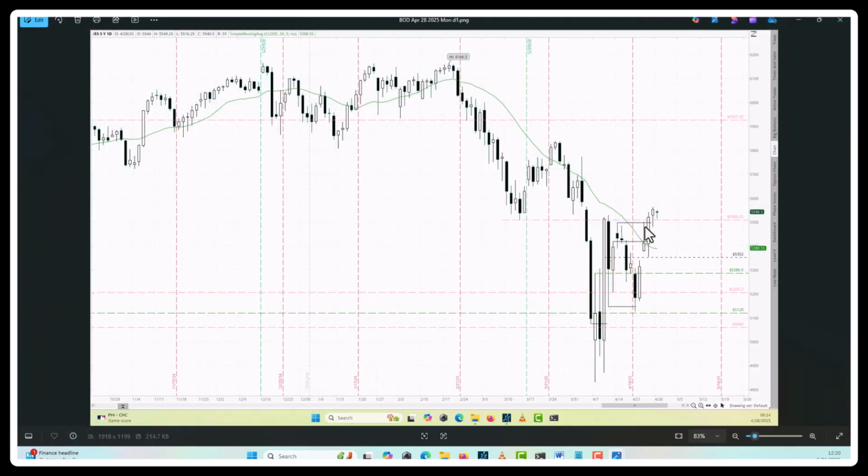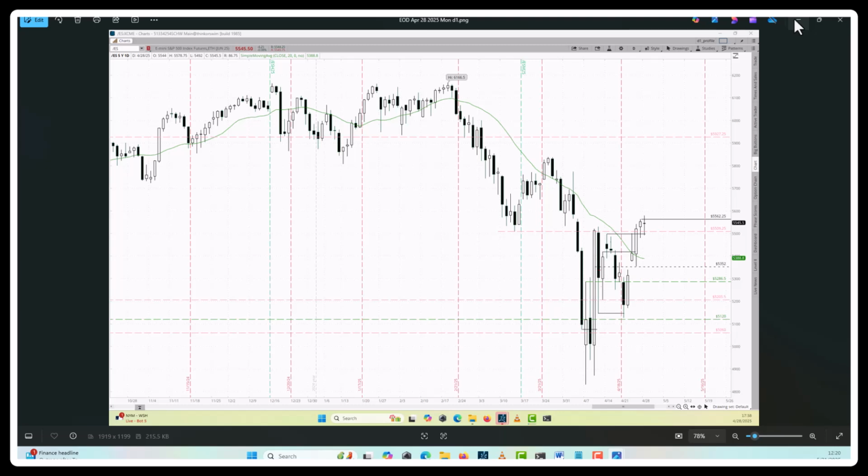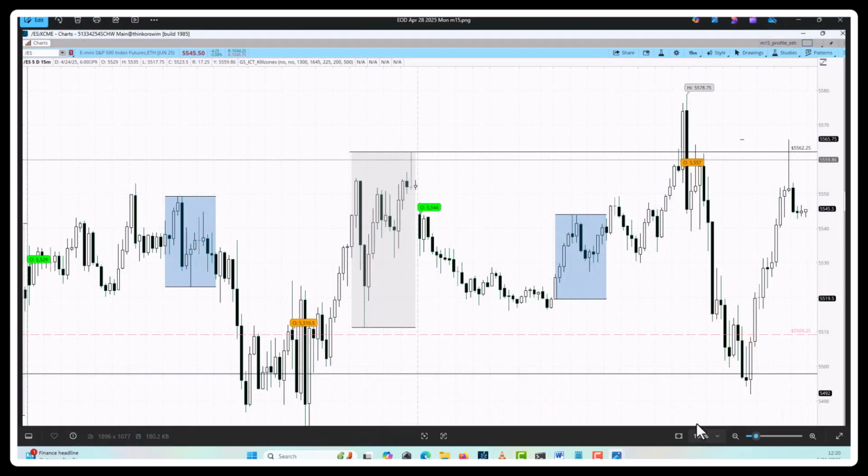Yeah, this is the before, right? We anticipate that it's going to test the level, because you know why? Because it breaks, tests from above, so it will reverse. It will test the level, it will reverse. If not, then it still touches the level. In this case, it touched that level. Basically, in the low time frame, you can see that it touched the level right here.